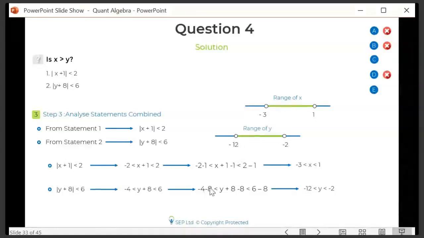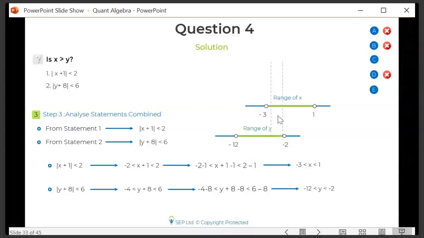Now, after this, I saw some of you marking the answer as C, and some of you marked the answer as E. What you need to understand is they're asking whether x is greater than y or not. Once you draw both the diagrams like this, you should be able to notice that there's some overlapping region. Some values which are possible for y also and for x also.